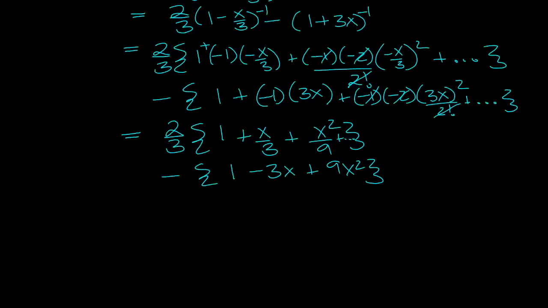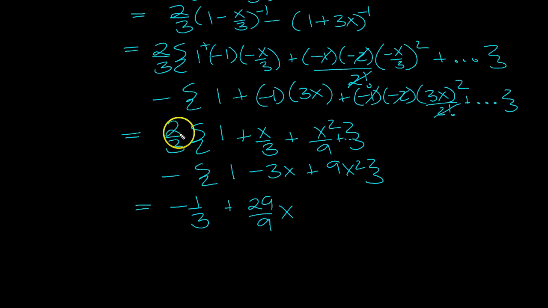So we've got 2/3 here, minus 1 is minus 1/3. For the x terms, 2/9 plus 3 is 27 over 9, plus 2 more ninths is 29 over 9. Type it in the calculator if you need to.